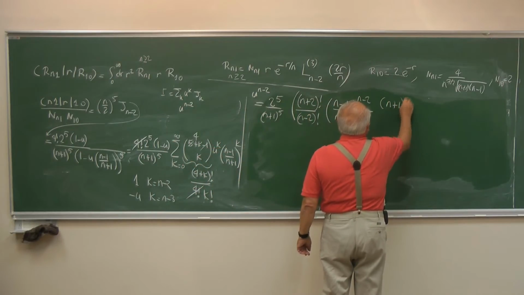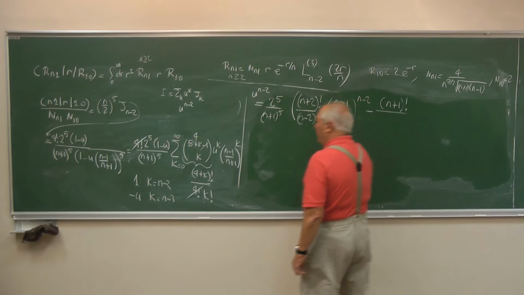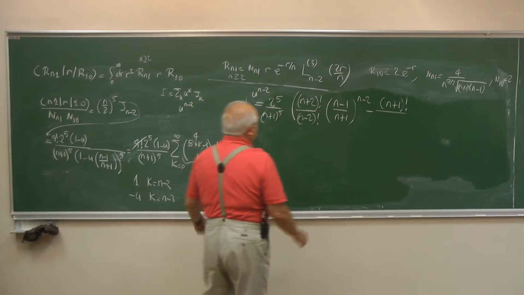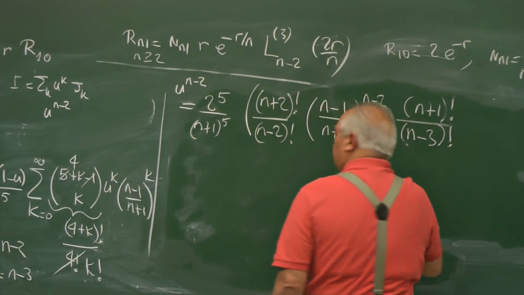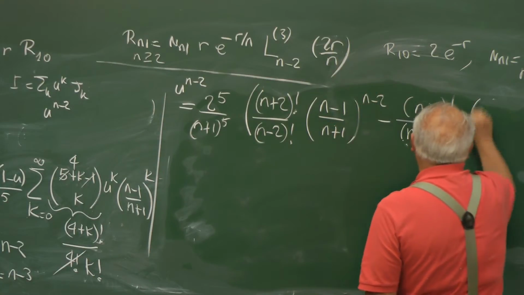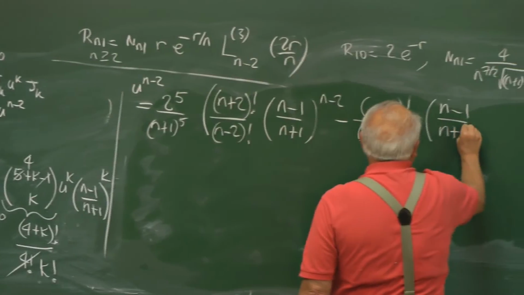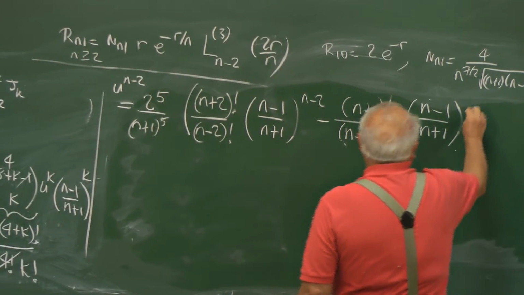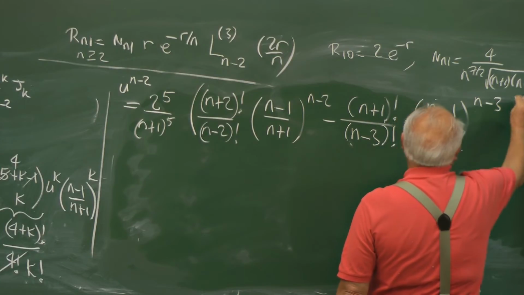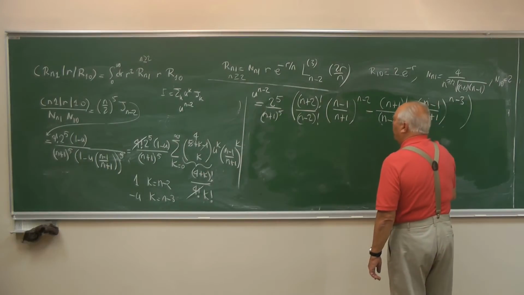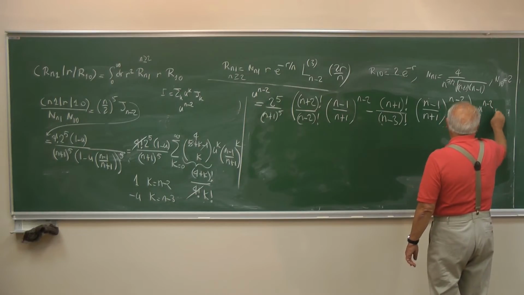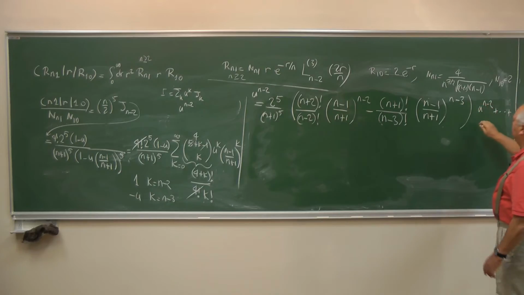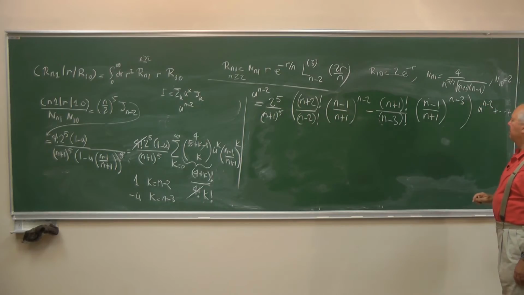N plus 1 factorial divided by n minus 3 factorial, k is n minus 3, times n minus 1 over n plus 1 to the n minus 3. This is multiplied by u to the n minus 2, and I have other powers, but I need the coefficient of this one. I don't care about the others.